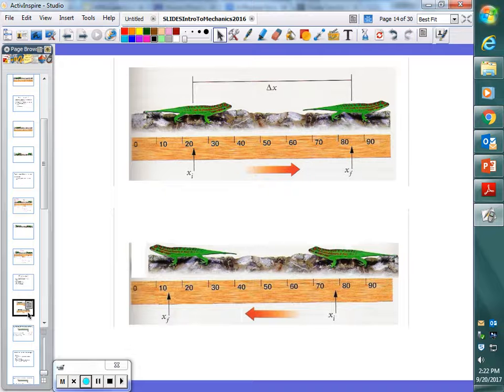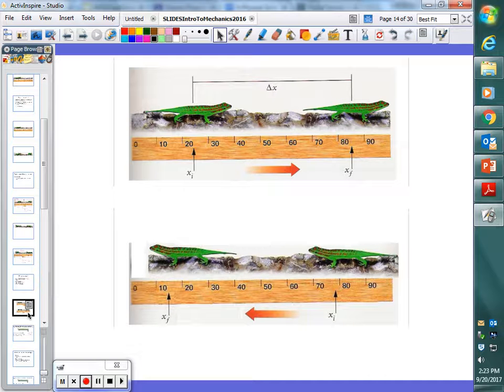But displacement, right? What does displacement depend on? When we're figuring out the displacement of something, what do we need to know? Eventually, yes, but what do we need to know to determine the displacement? Where we start and where we finish, right? The final position and the initial position. And then we want to talk about how far from the starting point do we end up, but also we have to describe what?